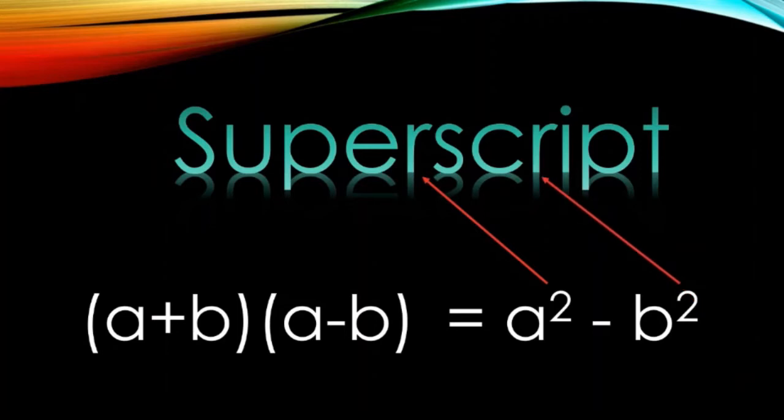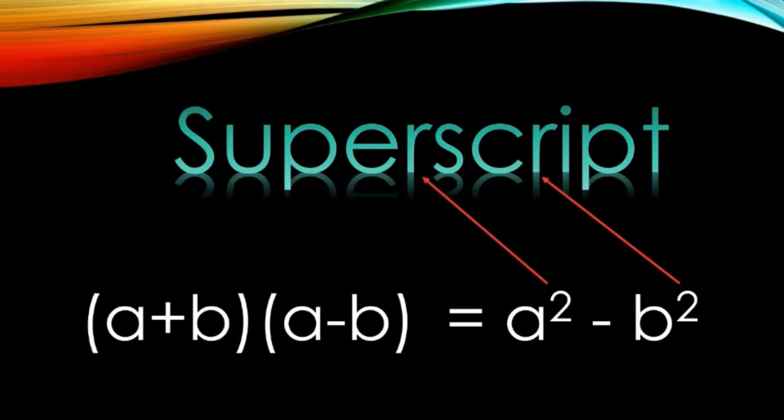These are the three algebraic formulas we will use in our HTML coding with the help of the SUP tag. The SUP tag in HTML is used for displaying text above the normal position, that is superscript.